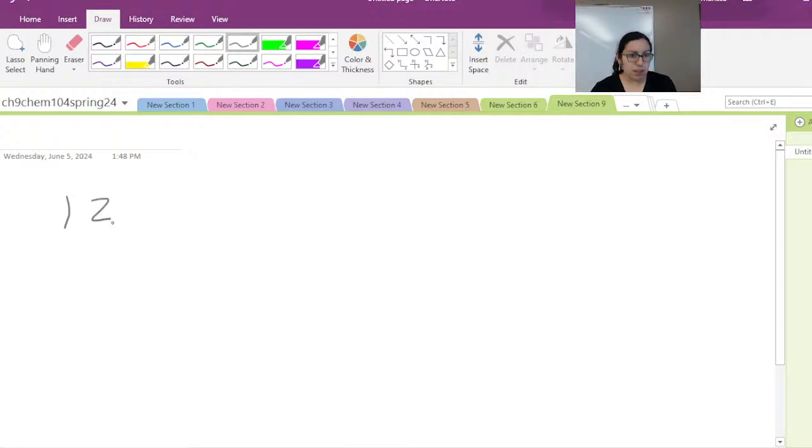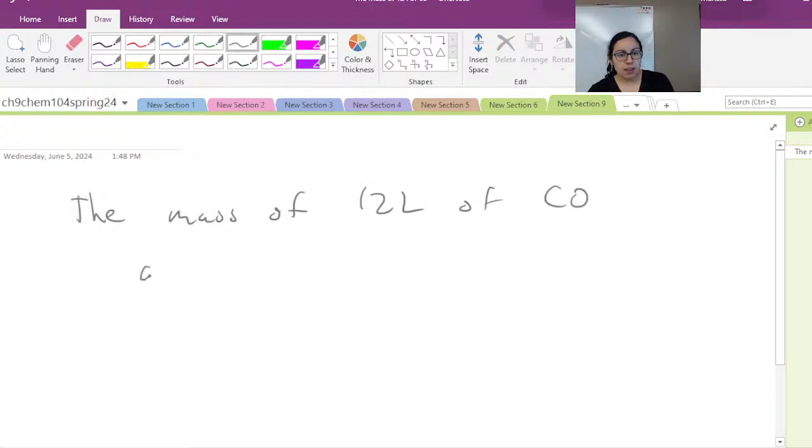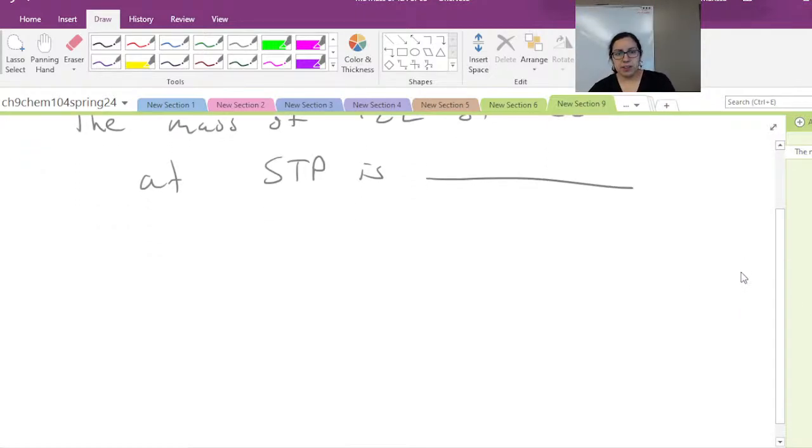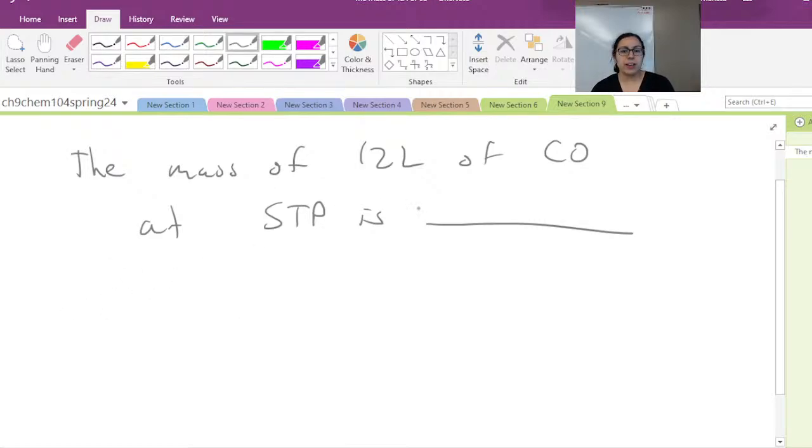It says the mass of 12 liters of carbon monoxide at STP is... I think this is the first person who's done it the way I was looking for. Most people did some sort of PV equals nRT, and that was fine, it still got you the right answer.